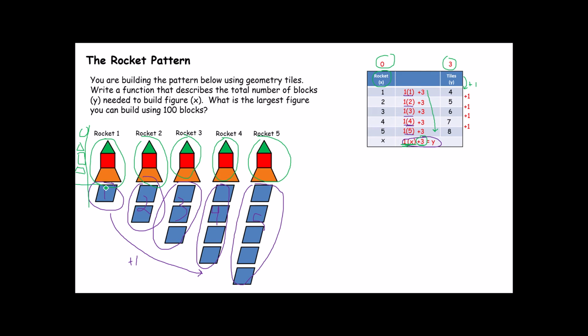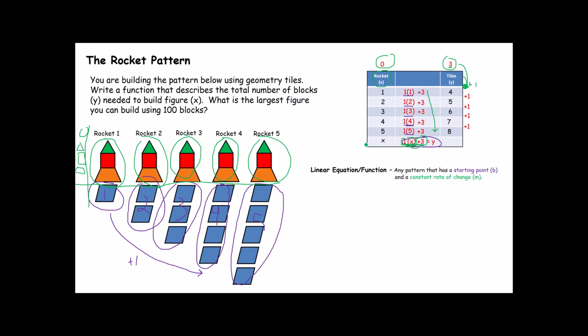This rocket 0 would fit into the pattern. So if we want to know the formula for this function, we have our starting point, or what would the rocket look like before stage 1? Where do we start before we start adding plumes of smoke? Plus whatever our rate of change is.